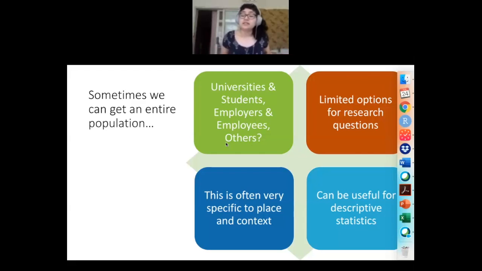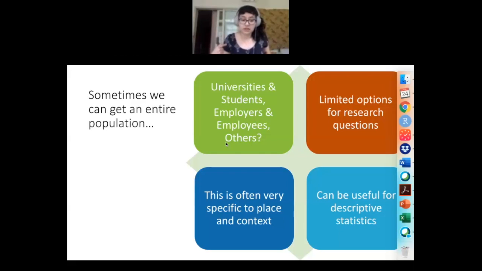We have sort of more limits on that. Some other instances in which you may have full data are universities have a lot of data on their students, employers have a lot of data on their employees. Maybe you guys can think of other instances in which there would be full data that is collected. But the data that is collected by universities about their students is usually just demographic and descriptive.